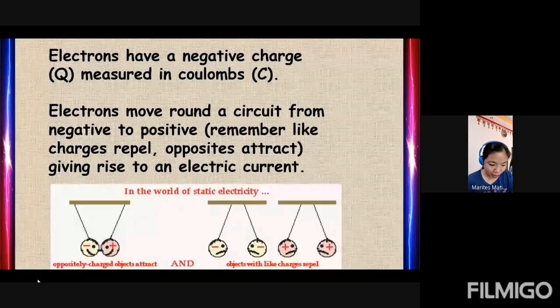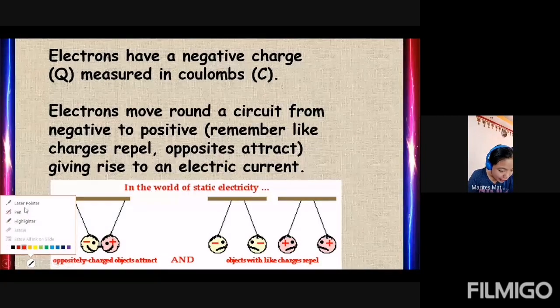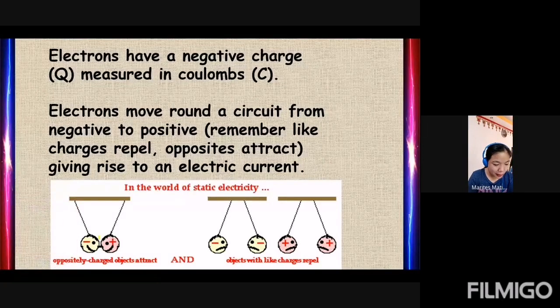In the world of static electricity, let's repeat. If you look at that, we have the negative charge and positive charge. They will attract each other.